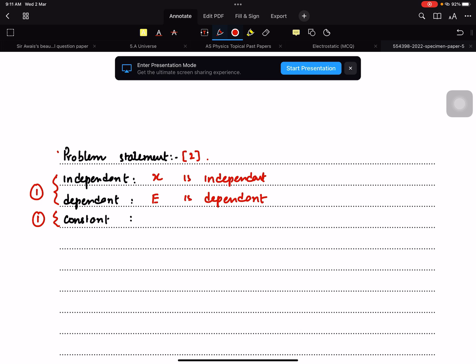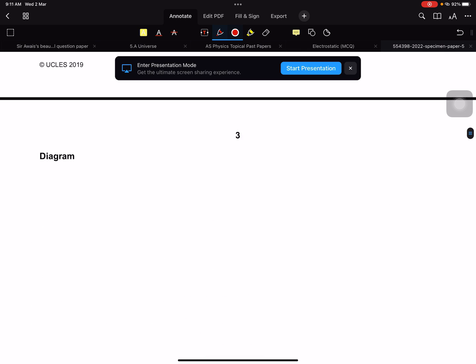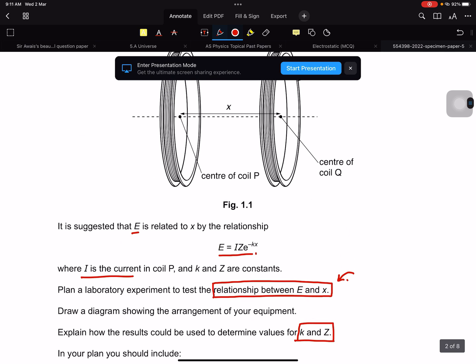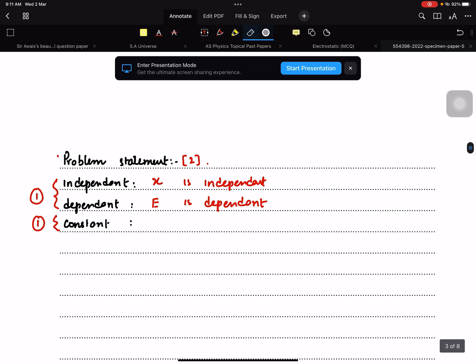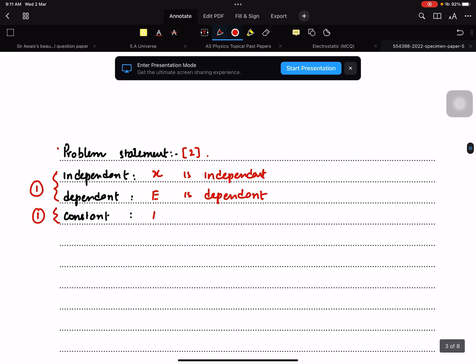However, we need to make sure that there are other factors in play. You look at the equation and see that there is I, which is also influencing it, so the current I must stay constant in coil P, where it is applied.